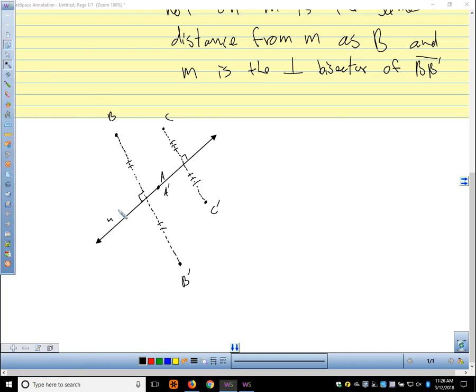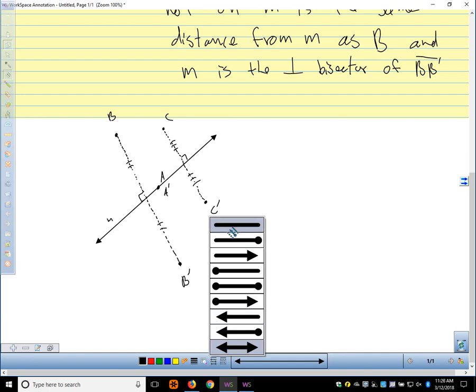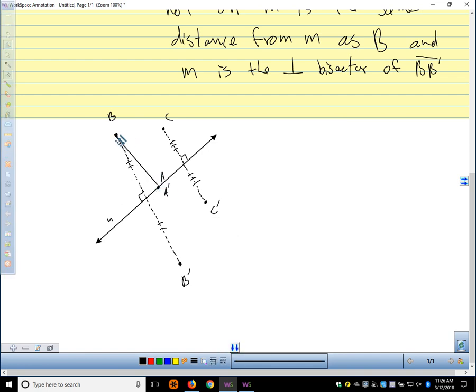And if I drew that triangle, here's my original triangle ABC. And then A prime, B prime, C prime would be like that.